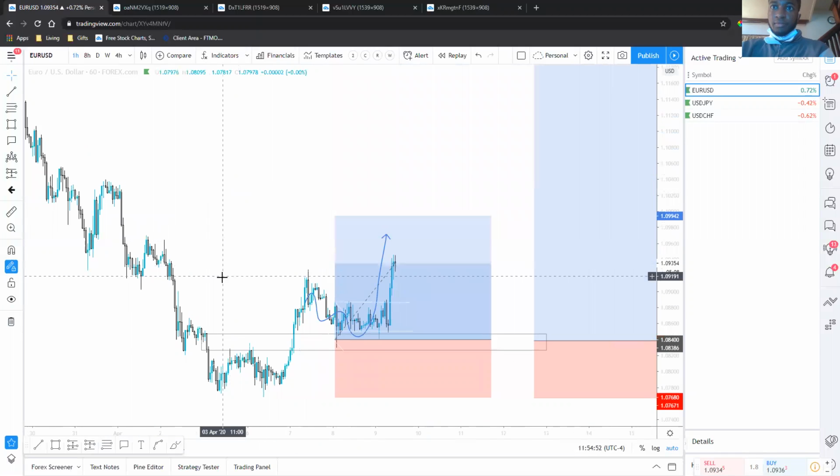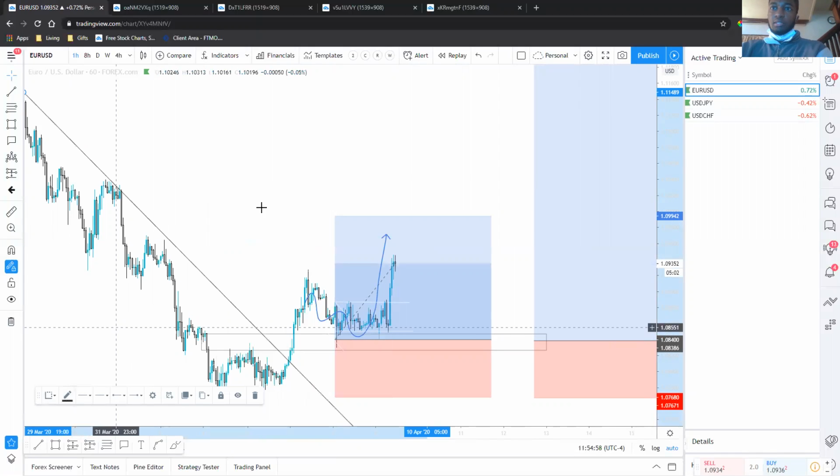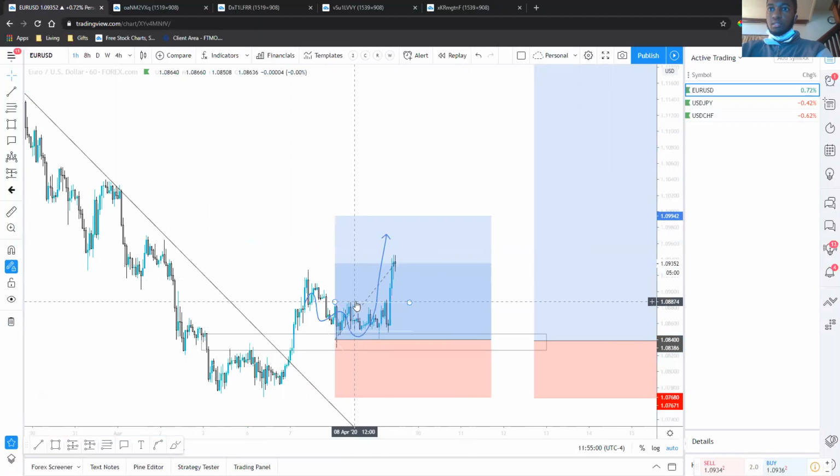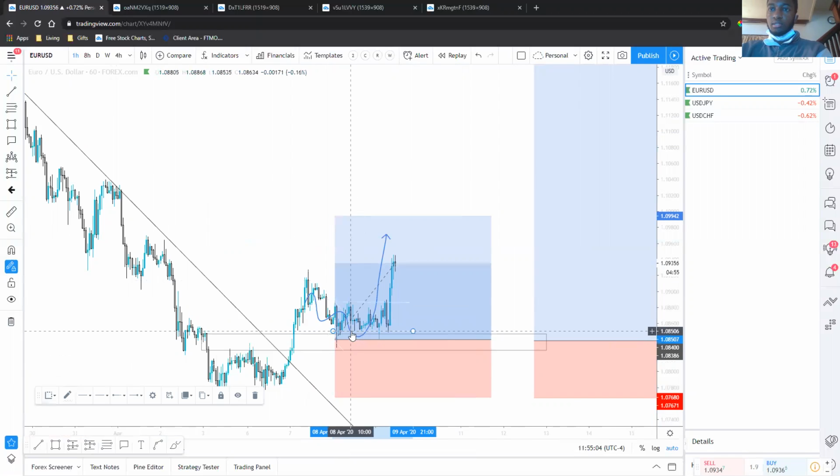All right, so this morning, see price got to that area that we were talking about. Change that so you guys can see these lines on here.